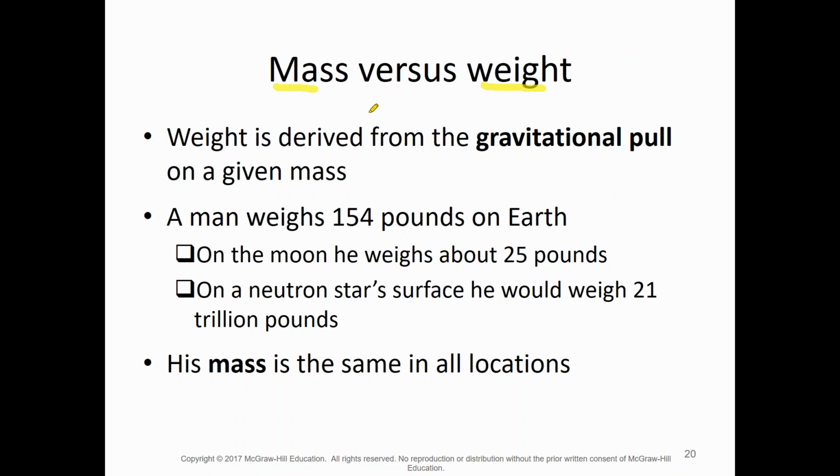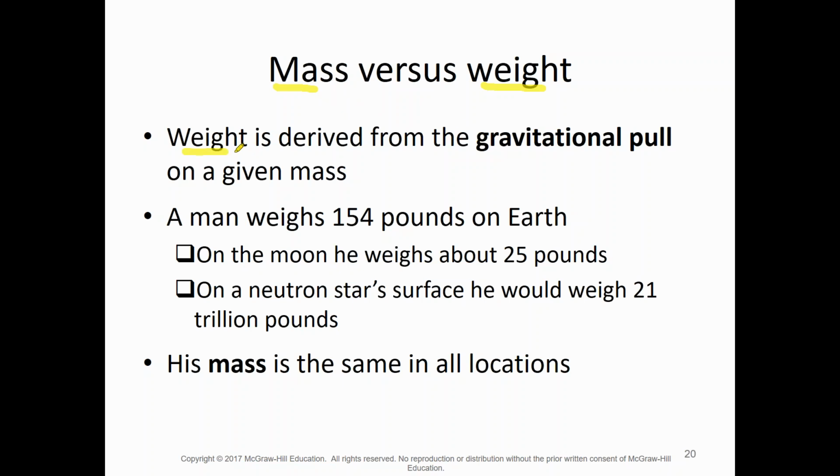Whether you're here on Earth or on the moon, your mass will not change, unless on the way to the moon or someplace in the universe you lose your arm or something. Then your mass would change. But assume your body remains intact, your mass will not vary from place to place.